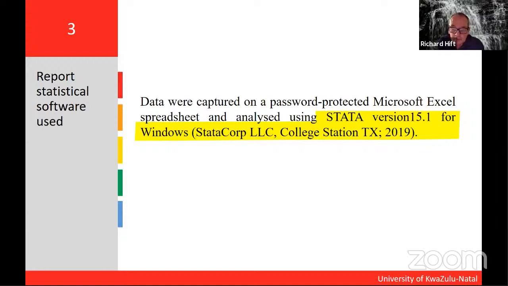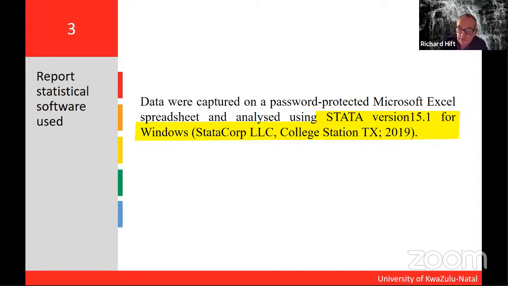So it could be important to a reader, a discerning reader, to know exactly what software you used. A discerning reader, statistician, may, for example, know that there was a bug in version 15.1 of 2019 that was subsequently sorted out in version 16 of 2020. And that's useful information to that reader. It might help him to understand why it is that a certain result did not work out as expected.